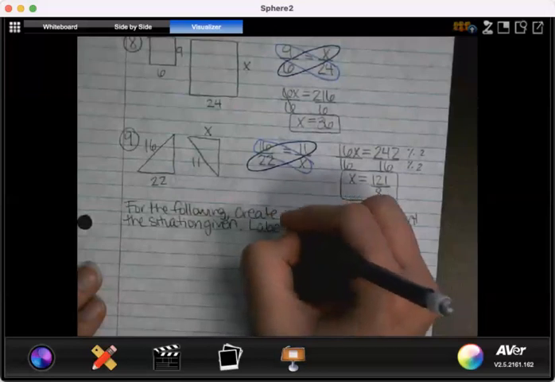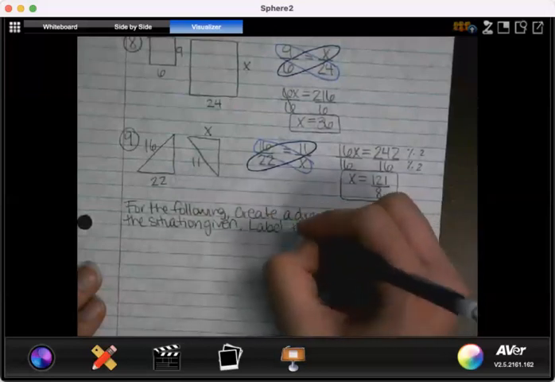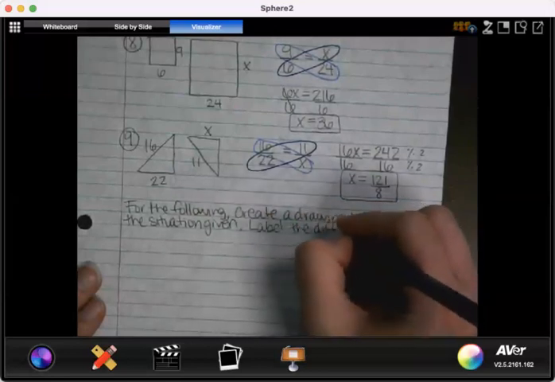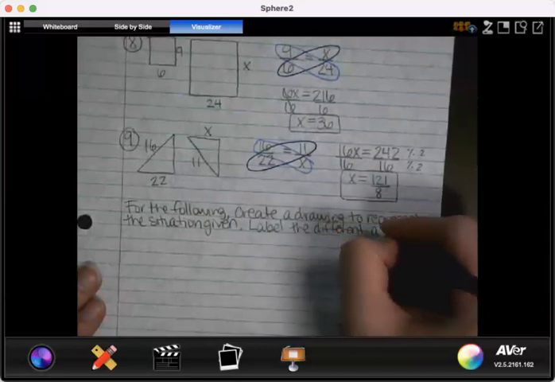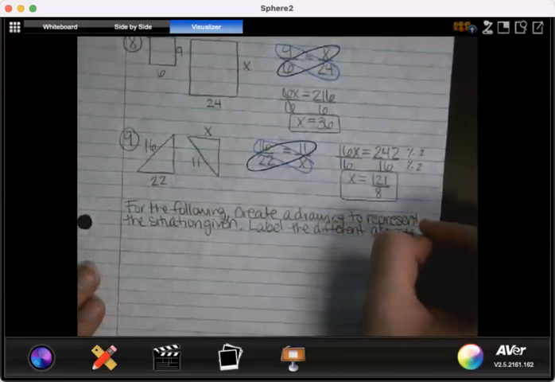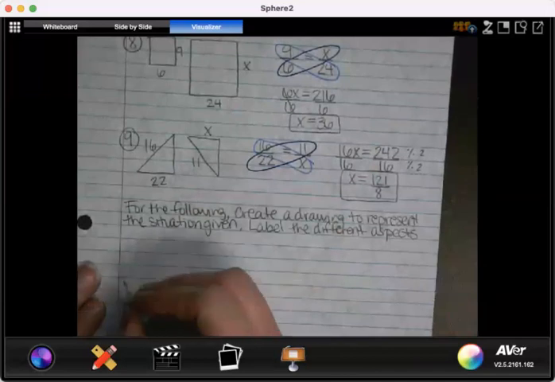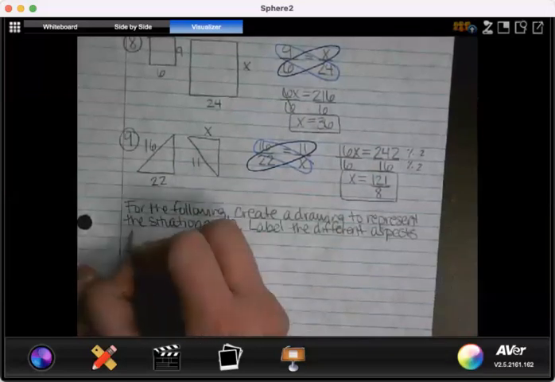Label the different aspects of the drawing.